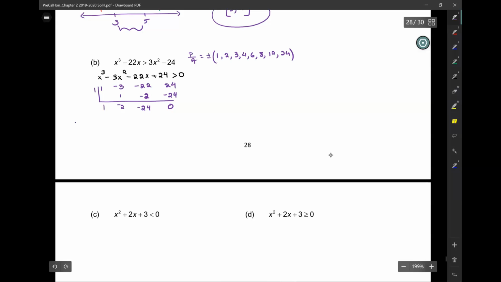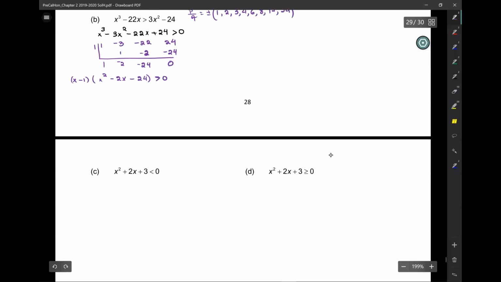So x minus 1, and then x squared minus 2x minus 24, greater than 0. Can we factor that? Yeah. x plus 4, x minus 6, x minus 1, greater than 0.